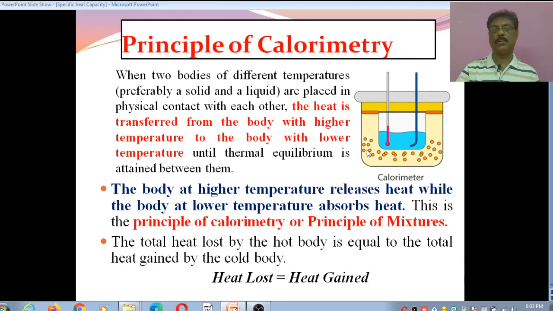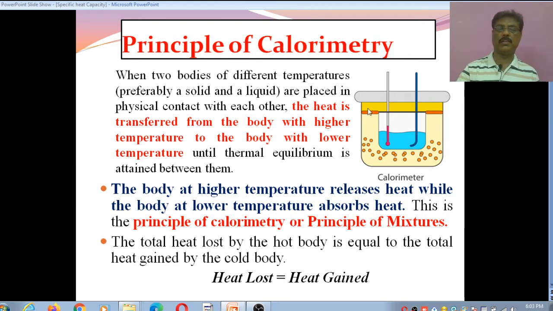A calorimeter is fitted with a thermometer and a stirrer. It is filled with the given liquid. 50% of the calorimeter is filled with the given experimental liquid.